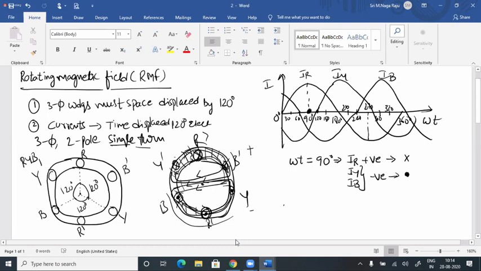Now, which flux is useful for us? Air gap flux, because the rotor is placed here itself. So we have to concentrate on air gap flux. Okay. Now tell me.